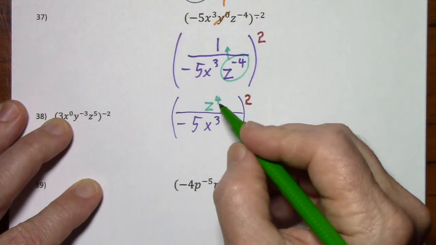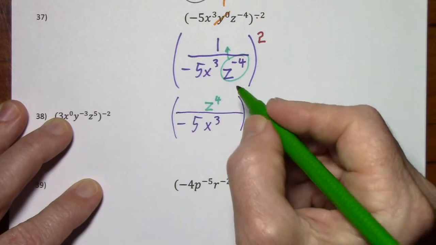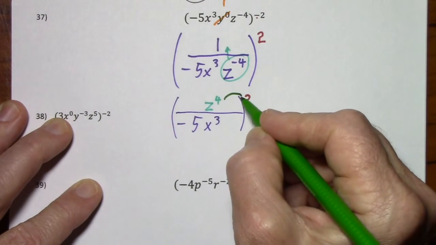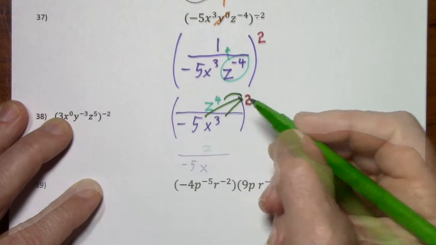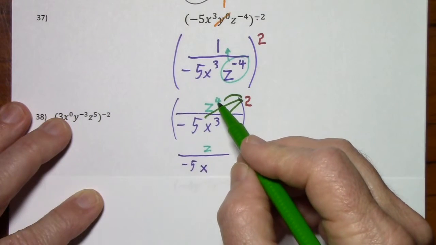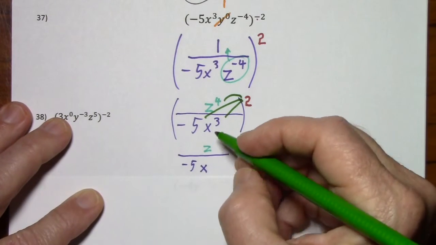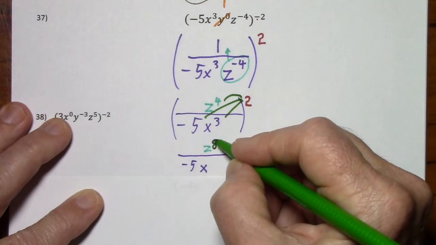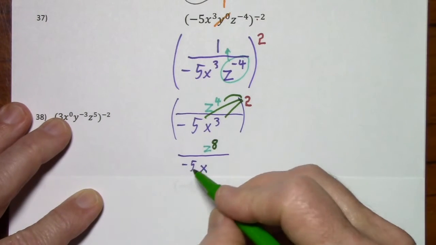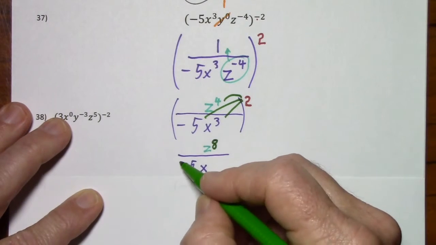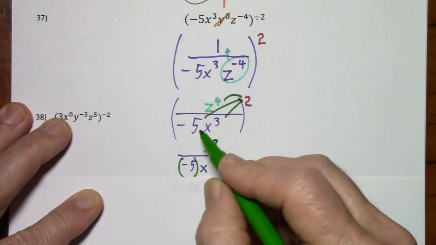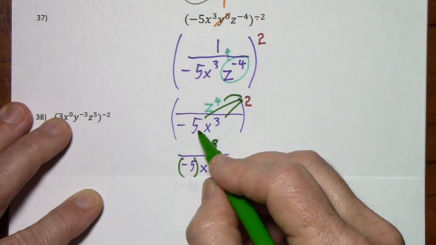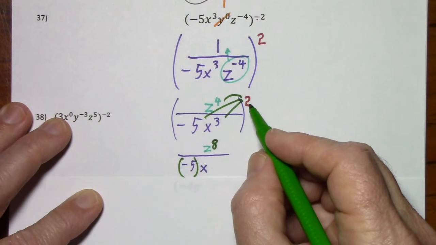and now I can multiply each exponent by the 2. So 4 times 2 is 8. You have to be careful with this negative 5. It's in parentheses here. The 2 is outside the parentheses.